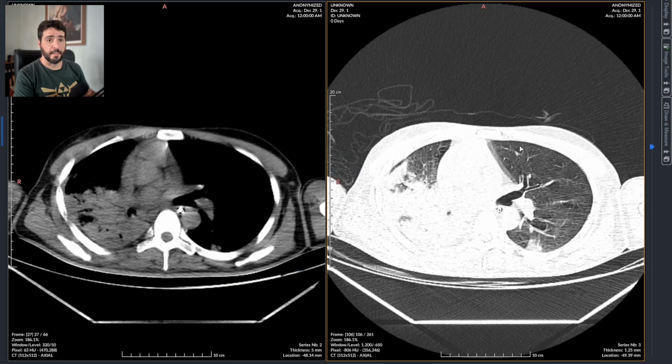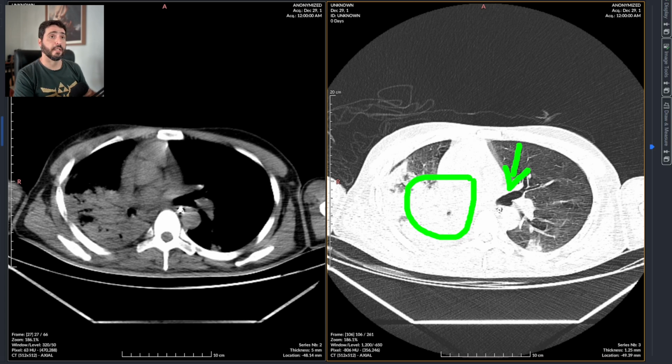This is a normal airway. It's black as air, so it's airway. And on the other side, we are supposed to see airway just like this, but we can't see it because it is filled by anomalous content. It is filled by residue from the bronchoaspiration.